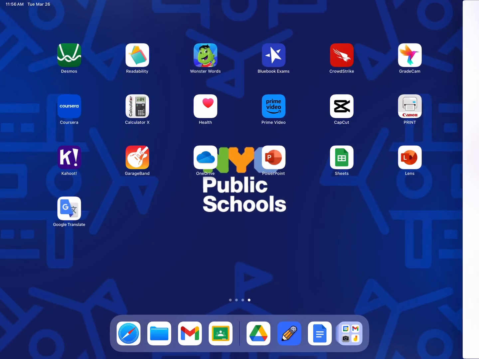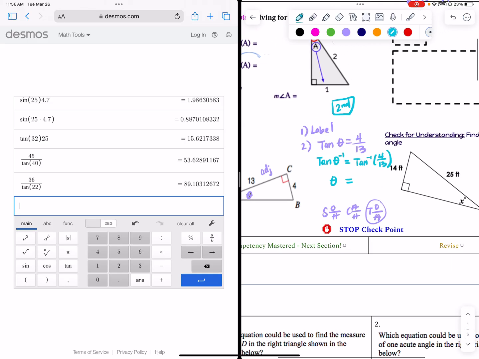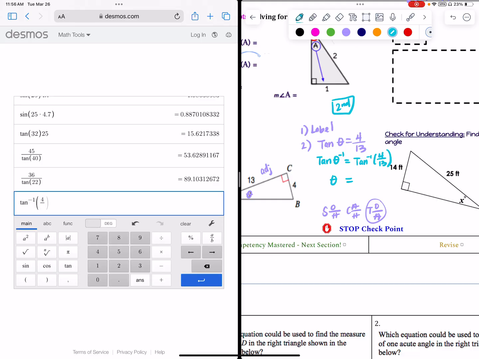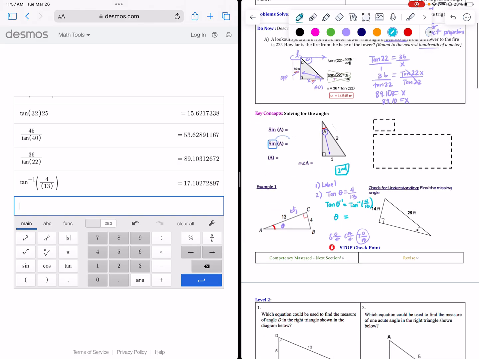So if I get my calculator, you're going to hit the second button, tan, but my calculator is going to look different. I'm going to use tan -1. I'm going to put 4 divided by 13, and the answer is 17.10. Let's round to the nearest degree, so we'll get 17 degrees.